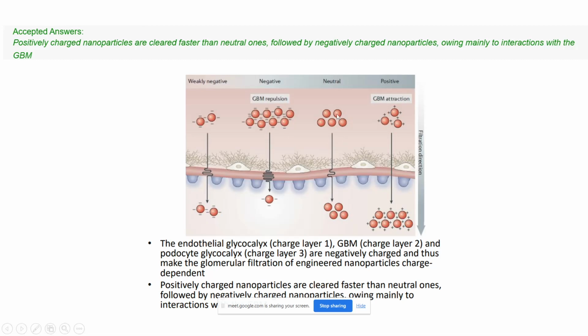That will be followed by neutral particles, whereas the negative particles will suffer severe repulsion from the basement membrane. So this is why the positively charged particles will be cleared faster, followed by neutral and then negatively charged, given they are all of the same size.